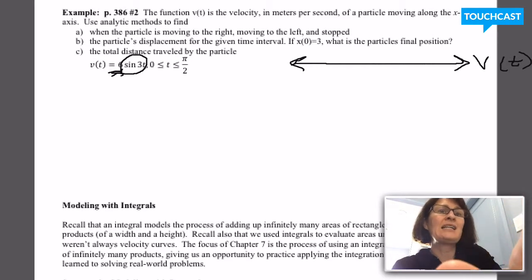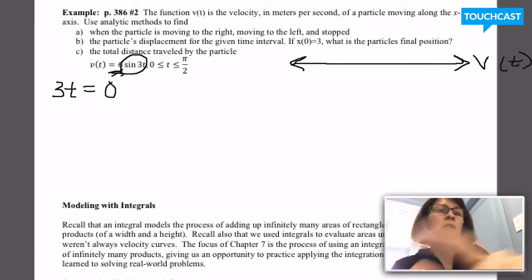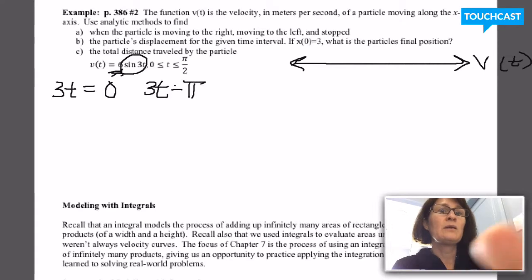So sine of 0 is 0, so 3t could equal 0. Sine of pi is 0, so 3t could equal pi. Or sine of 2 pi, 3t could equal 2 pi.